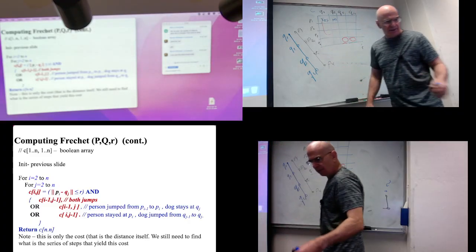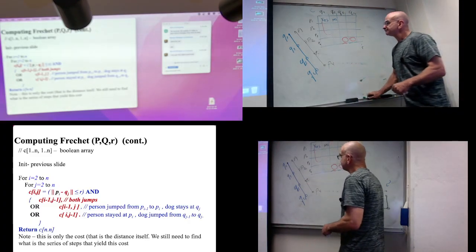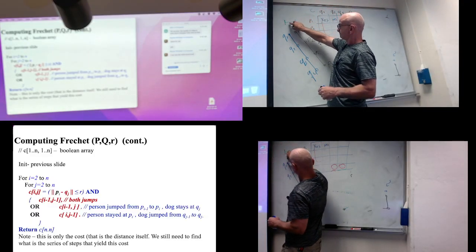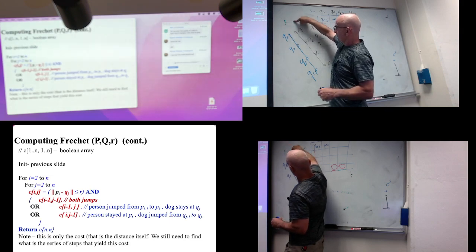And my target length of the leash in this example is this length, really this flex of a leash.